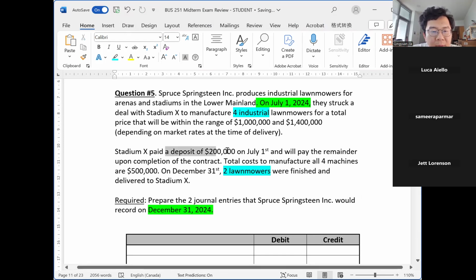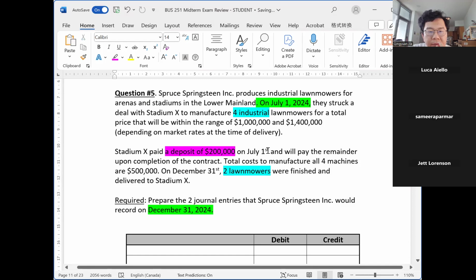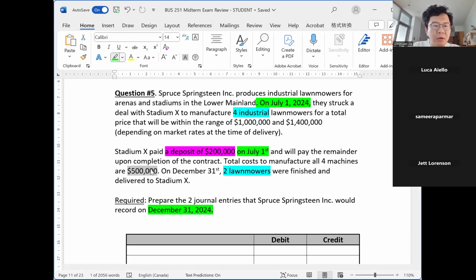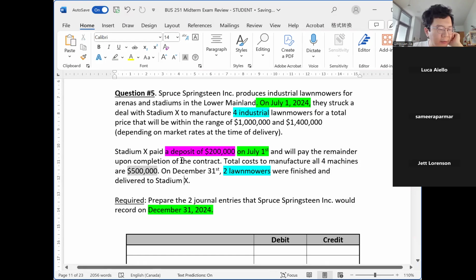And this is a deposit on July the 1st. And this is the cost. Wow. So these are all the key information that we have.